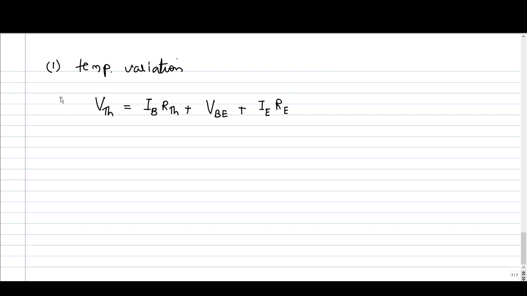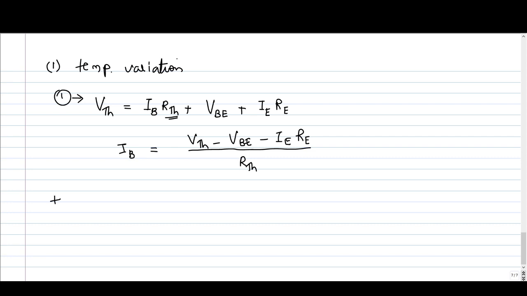So if you rearrange it and write an expression for IB, IB is equal to VTH minus VBE minus this one, IE RE, divided by this term, RTH. Okay, so this is just a rearranged form of equation number 1.